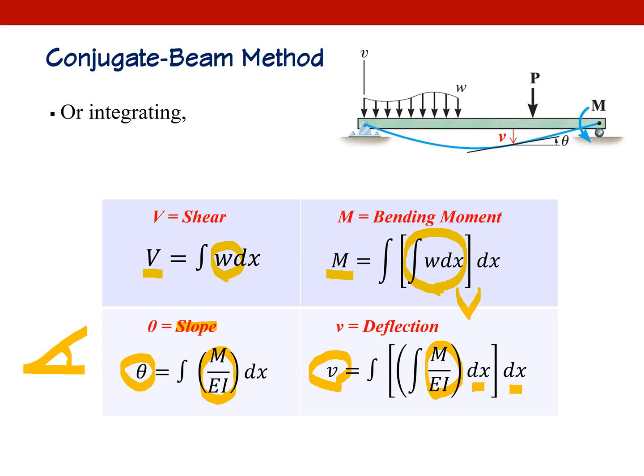You have to memorize these two relationships to continue on. As you see here, I defined v as vertical deflection and theta as slope or deflection angle. So we are going to use the analogy between shear force and bending moment diagram for the relationship of slope and deflection.